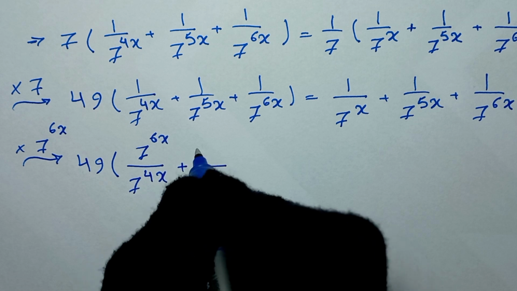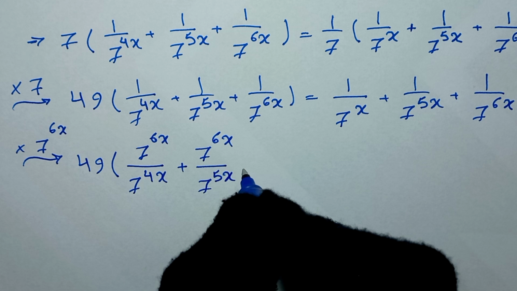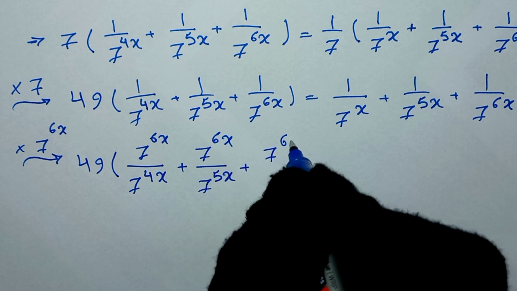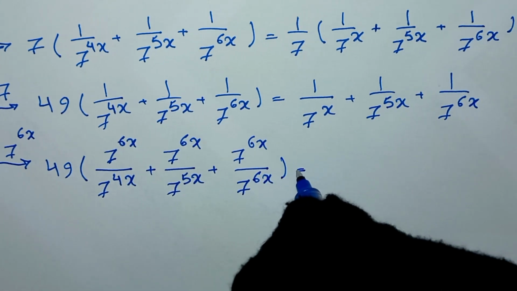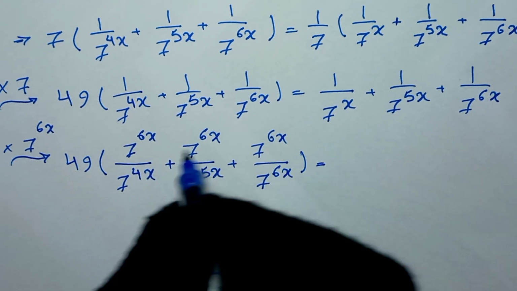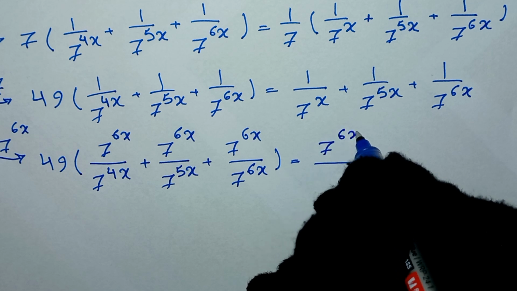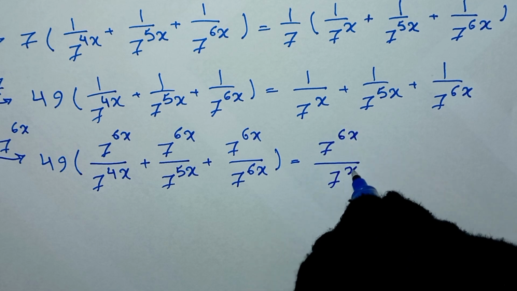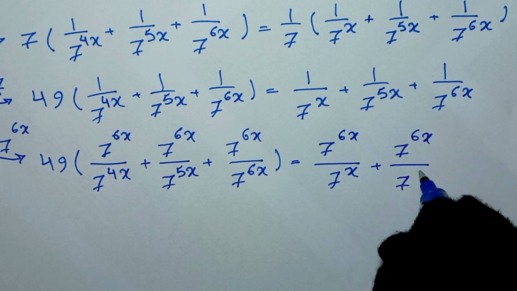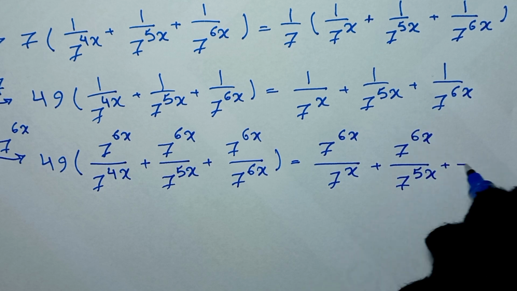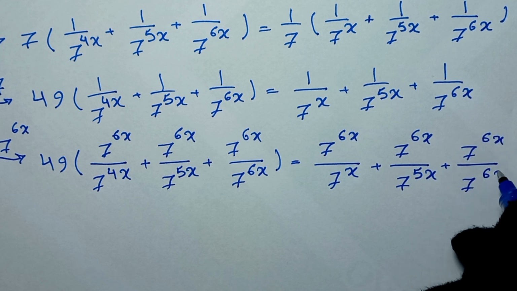And plus 7 to the power of 6x over 7 to the power of 5x and 7 to the power of 6x over 7 to the power of 6x is equal to, also this multiplied by 7 to the power of 6x, it will be 7 to the power of 6x over 7 to the power of x plus 7 to the power of 6x over 7 to the power of 5x and plus 7 to the power of 6x over 7 to the power of 6x, right?